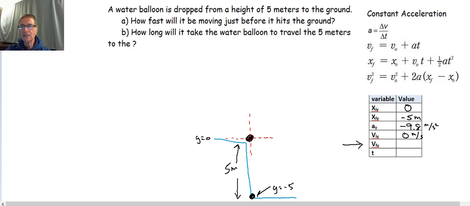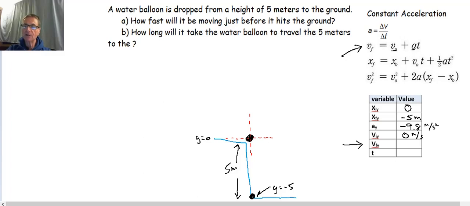So let's see what tools from our toolbox up here we can use. Well, what are we looking for? We're looking for the final velocity in the y direction. Well, equation 2 here has final velocity. All right, we know the initial velocity, we know the acceleration, but we don't know the time. So that's a problem.